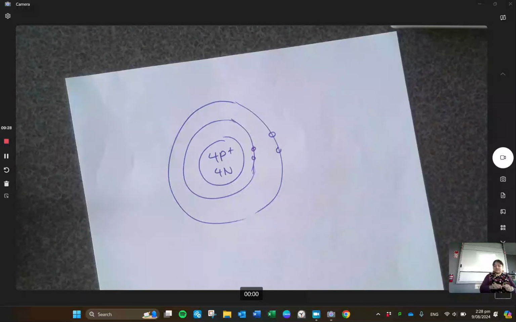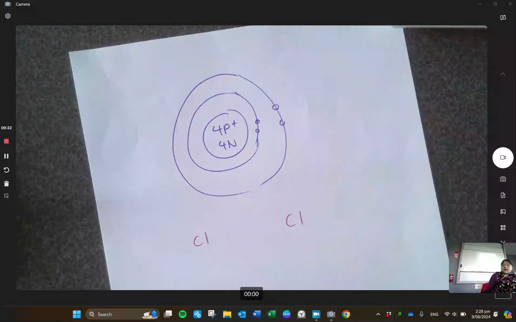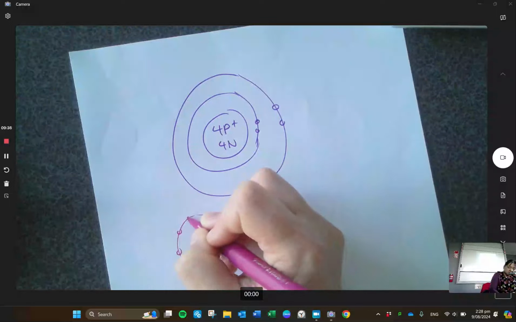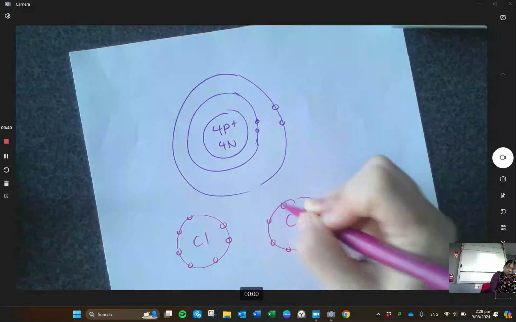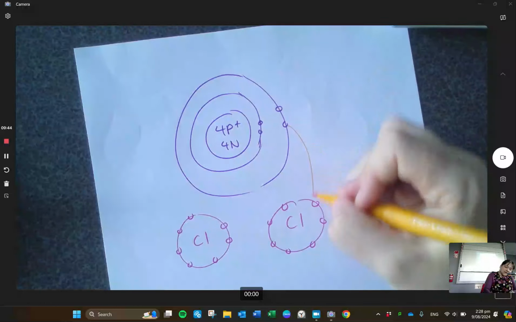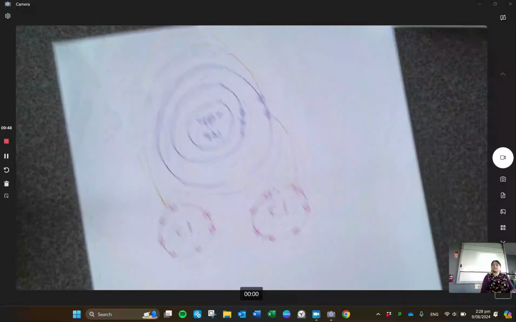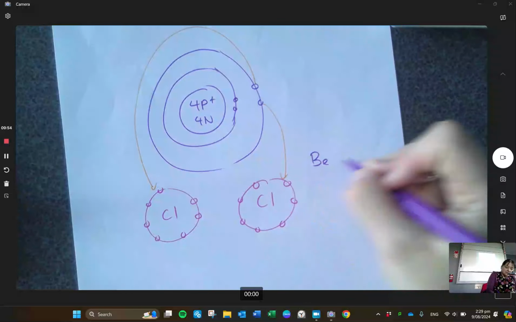So what that means is if I have a chlorine atom here and a chlorine atom here, and they already have 7 electrons in their outer shell, then what's going to happen is beryllium's going to give 1 electron each to each of the 2, forming beryllium chloride.